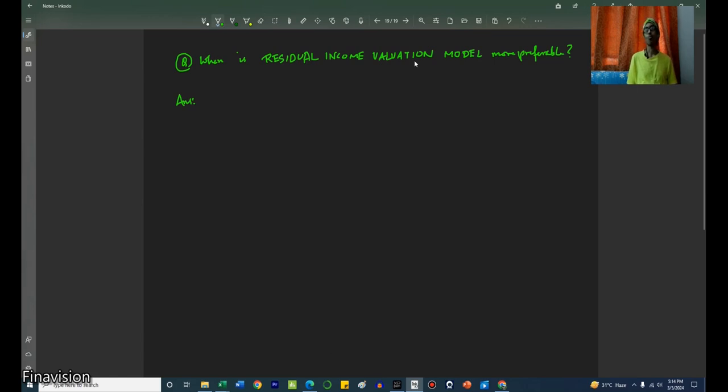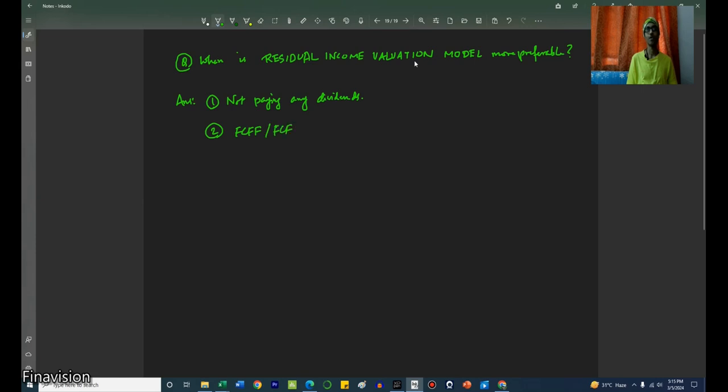Now we already discussed when a dividend discount model is appropriate to use and when a free cash flow discounting model is appropriate to use. Now there are situations where both these models do not work very well. For example, let's say the company is not paying any dividends whatsoever, and not only that, it's in an early phase of development where FCFF is negative.